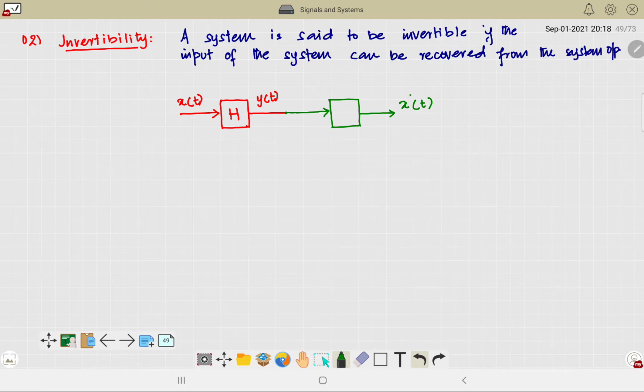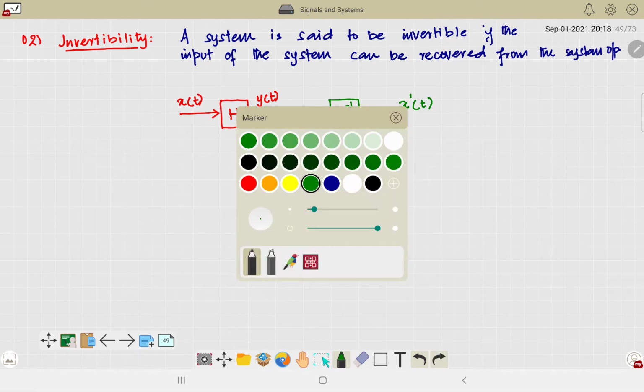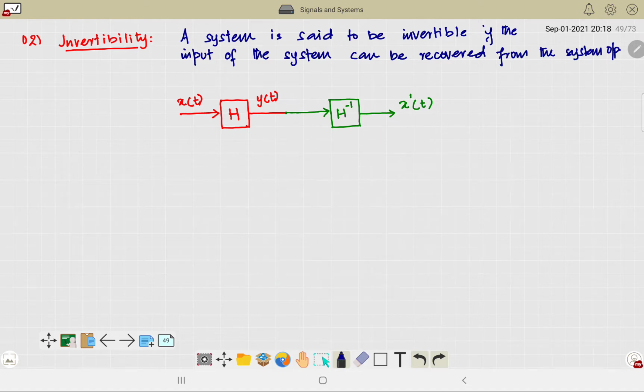For the time being, let's call it x prime, and let this system property be denoted by h inverse. Fine. Then x prime t will be equivalent to this system property h inverse acting on the input I am applying to this second system.